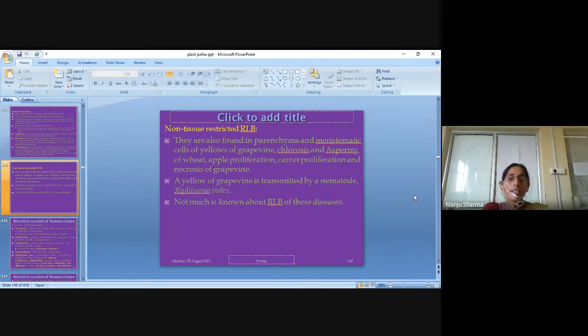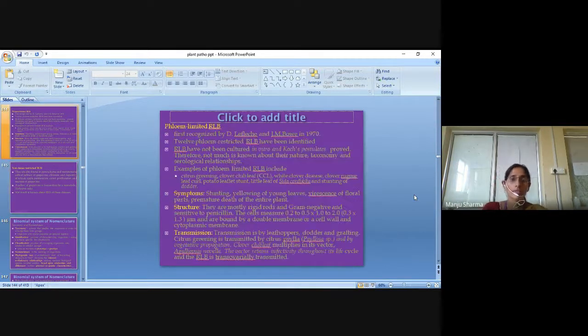Another type, phloem-limited bacteria, are directly connected with the phloem tissue, so they absorb the nutrients directly, and that is why the plant dies prematurely. So the phloem-limited or xylem-limited bacteria cause disease in the plant.